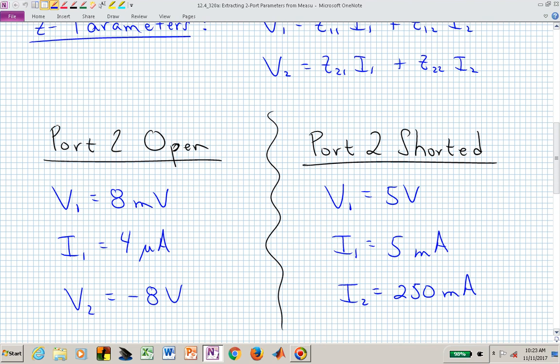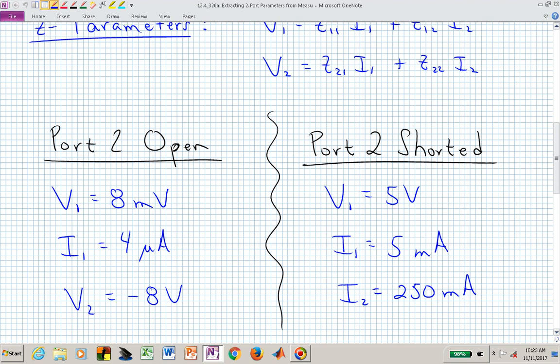I sub 1 going from left to right into port 1, the input port, we measure to be 4 microamps. We don't have any current flowing since port 2 is open, but we are able to measure a voltage, and let's say we measure V sub 2 of minus 8 volts.